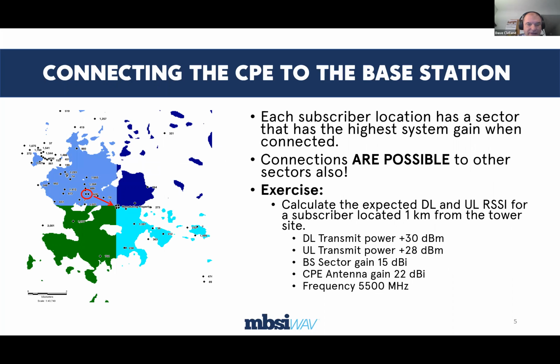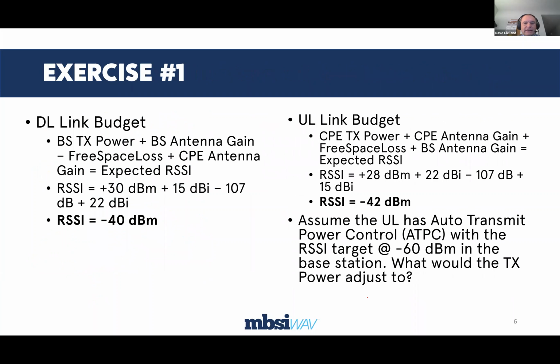So we have this number 608 here, our target subscriber module, and we expect to have that kind of signal level in line of sight at that particular location.